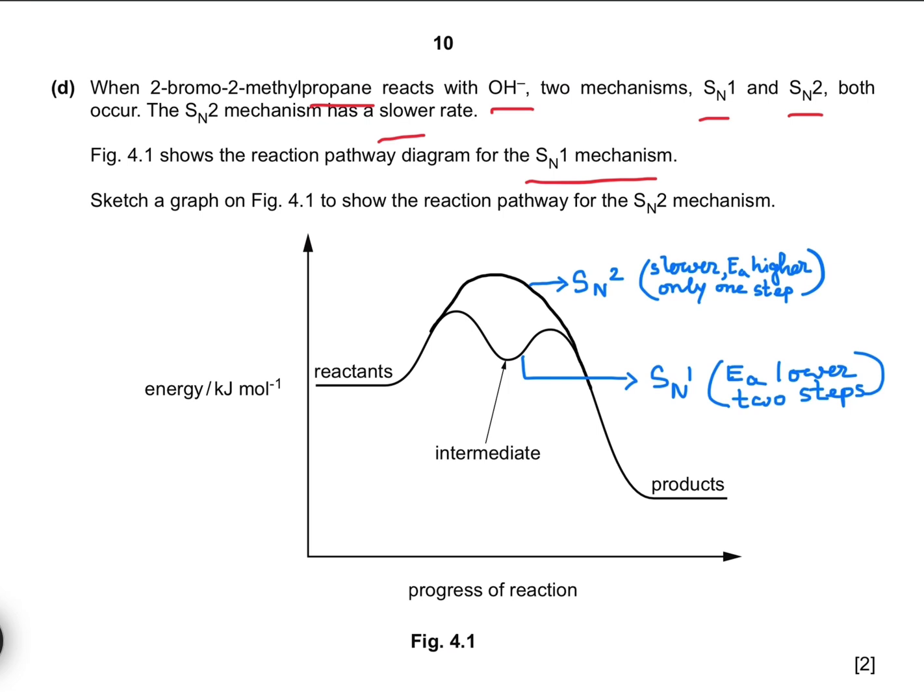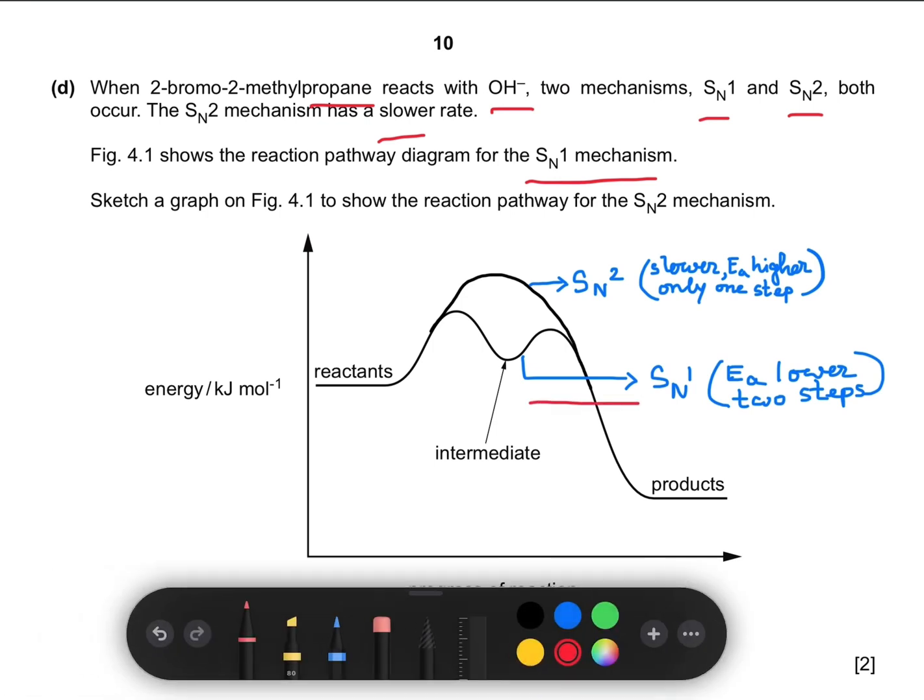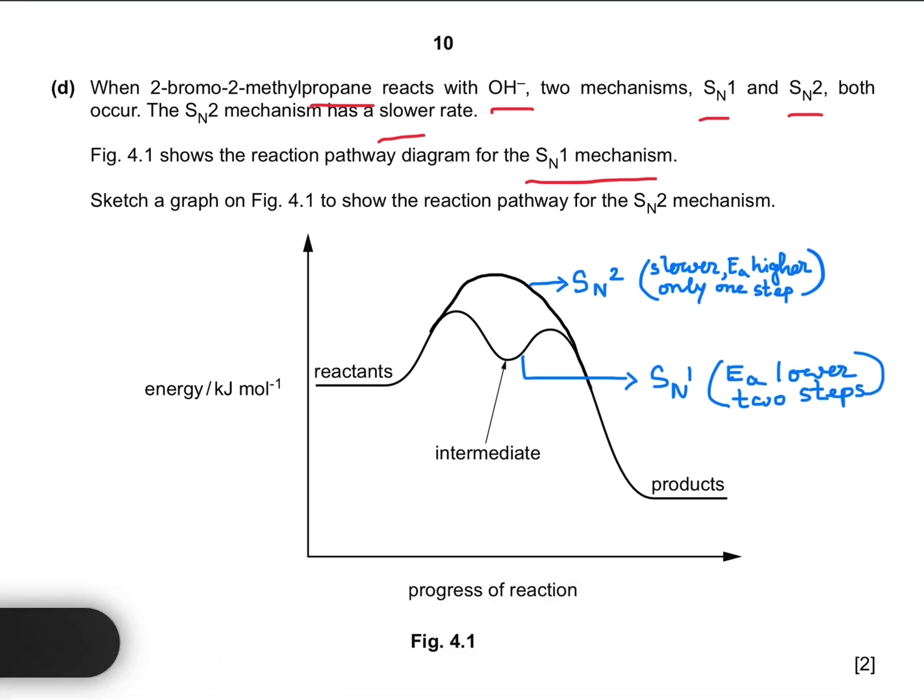So here in the given graph, which is SN1, we know that the SN1 reaction has two steps. In the first step, it will form a carbocation, and in the second step the nucleophile will attack the carbocation and will give the products.